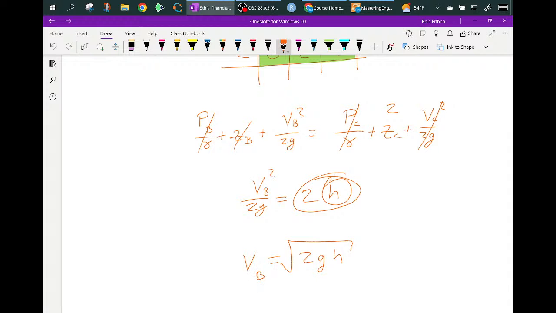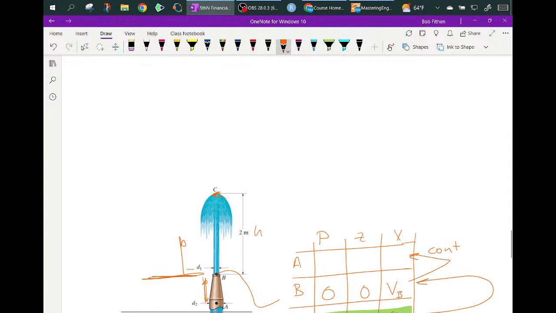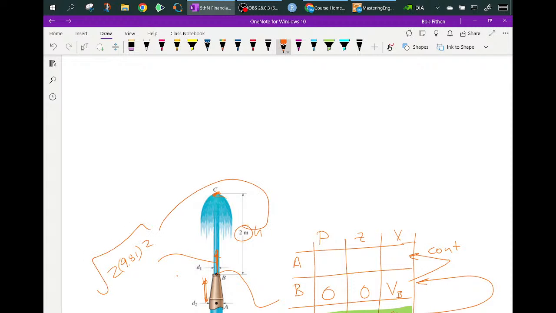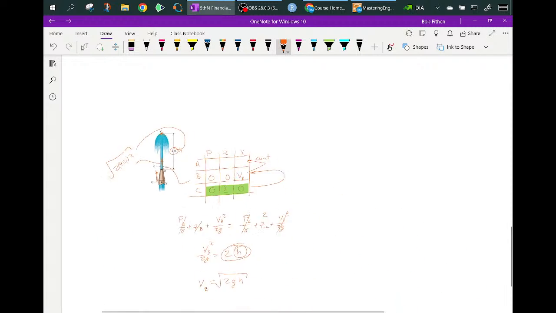So the velocity coming out here at B is equal to the square root of 2G of 9.81 times H of 2 meters. That tells you the velocity there.